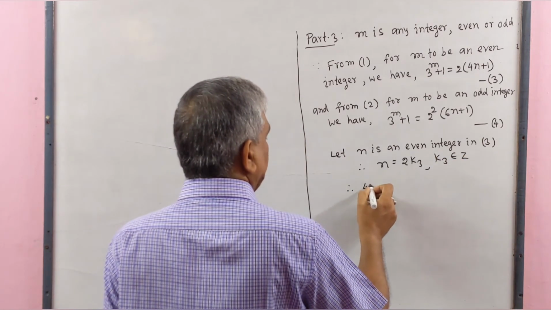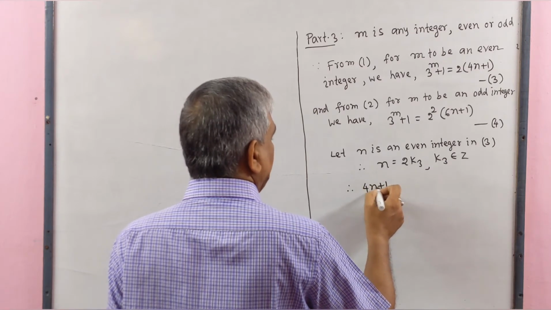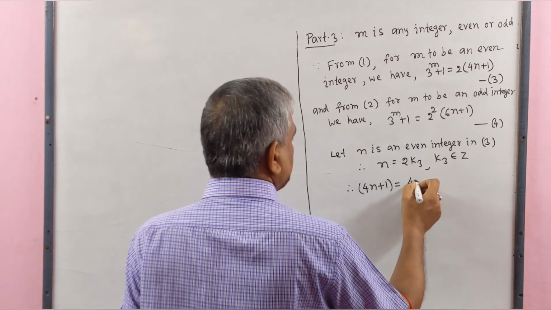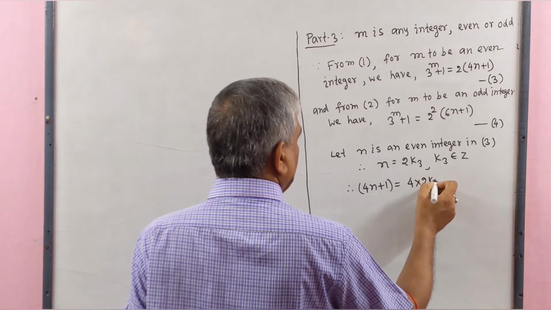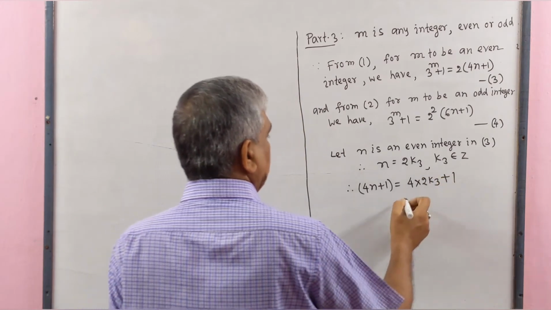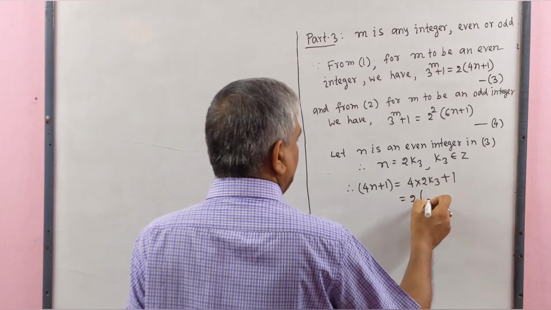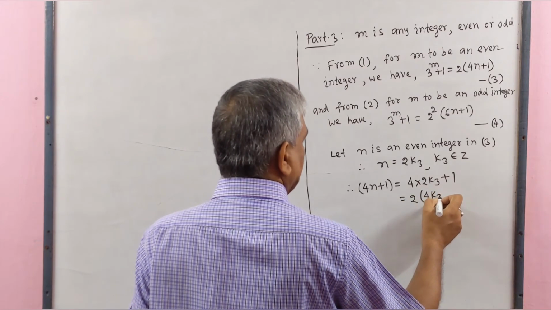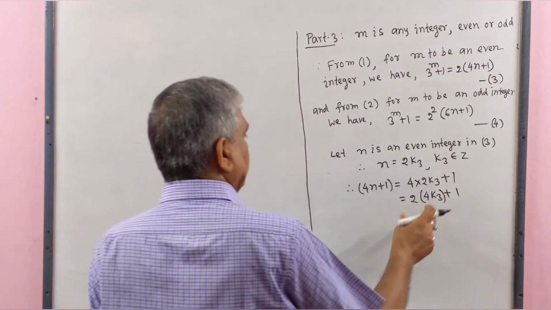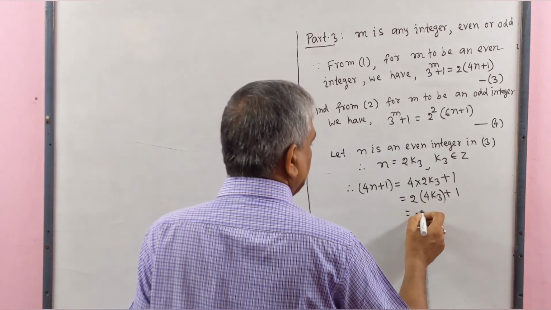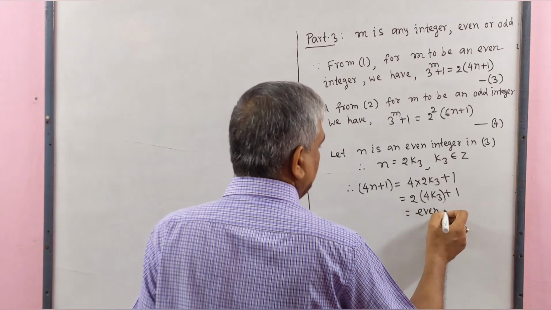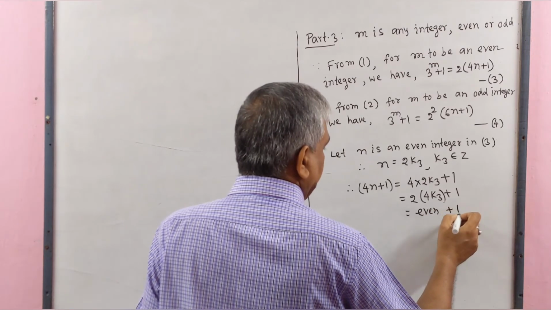Therefore, 4n plus 1 equals 4 times 2k3 plus 1, which equals 2 multiplied by (4k3) plus 1. This part is even, 2 multiplied by some integer is even, plus 1. This is odd.